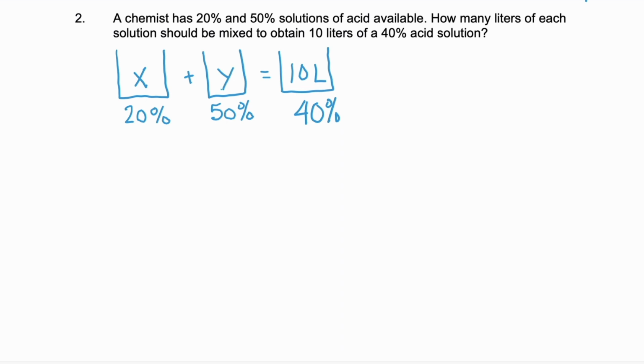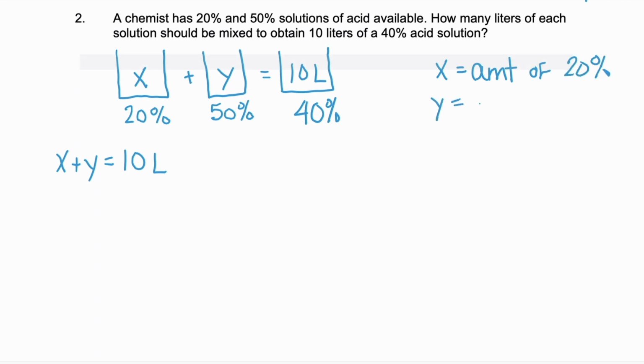And from this drawing, we get our 2 equations. So we will get the equation that x plus y equals 10 liters, because I guess we should identify that x is the amount of 20% and y is the amount of 50%.